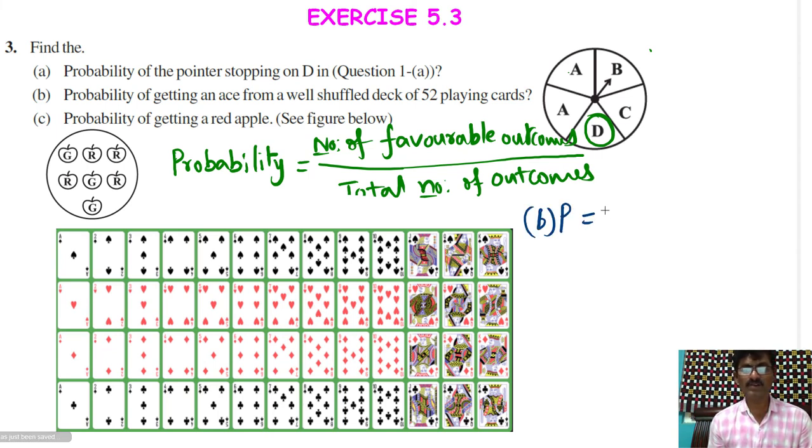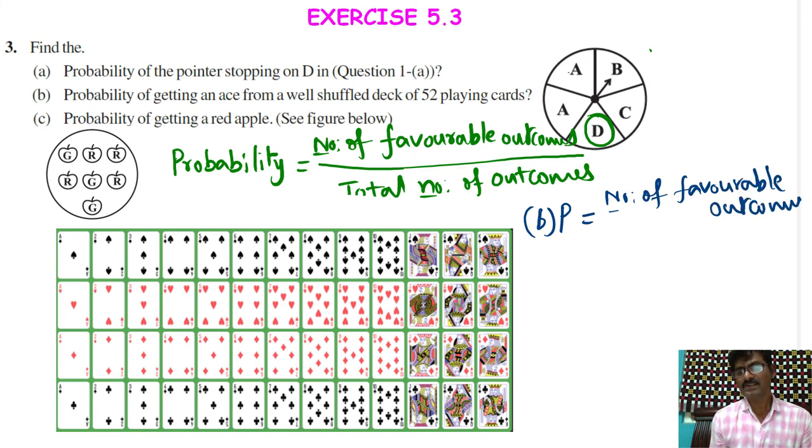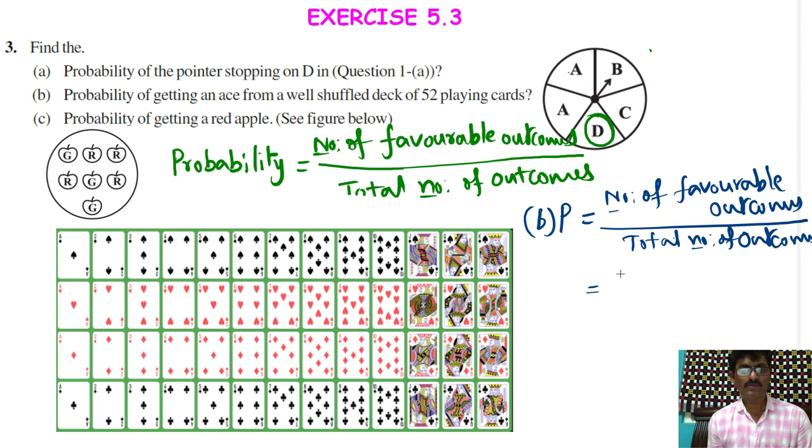Probability P equals number of favorable outcomes divided by total number of outcomes, which is 4 divided by 52. We can cross out, so we get 1 by 13. So the answer is 1 by 13.